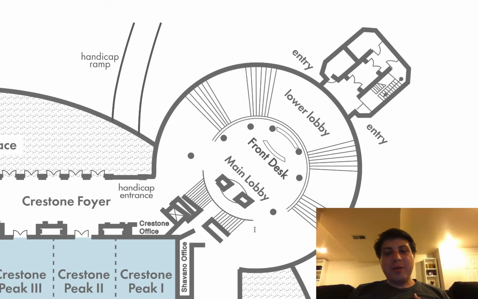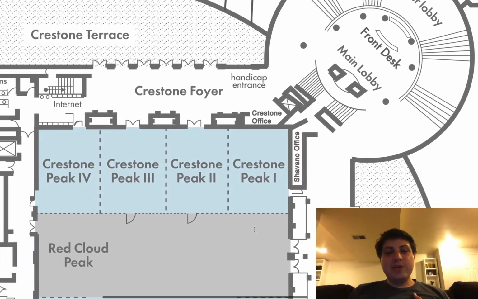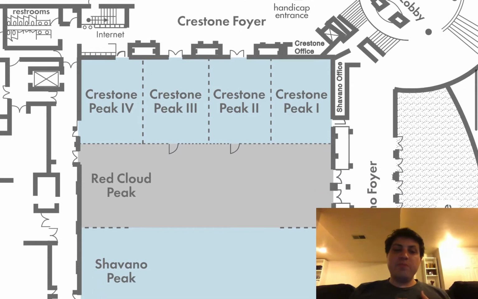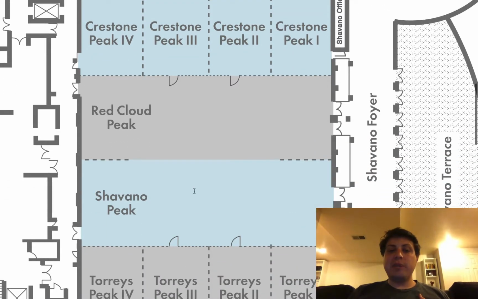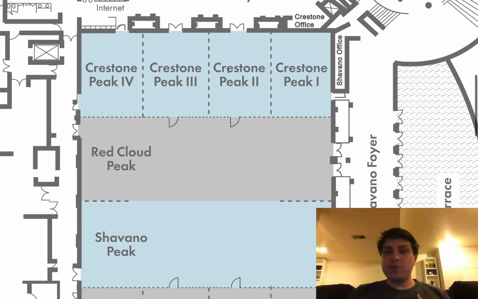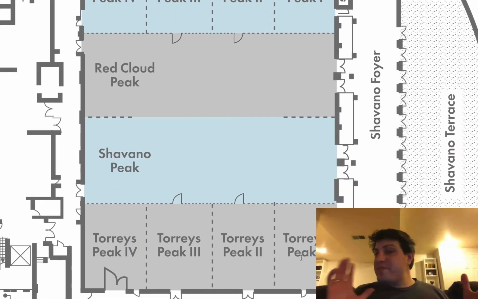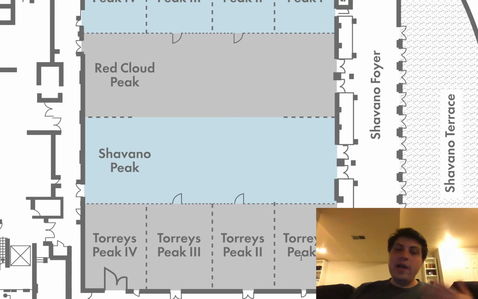But once you walk up those lovely stairs, you will be faced with the opportunity to go into a number of really great session rooms. The Keystone Peak 1 through 4 rooms, the larger Red Cloud Peak and Shivano Peak rooms. So these Crestone Peak and the Torrey's Peak down here, these are about 50 people or so that can fit in there.